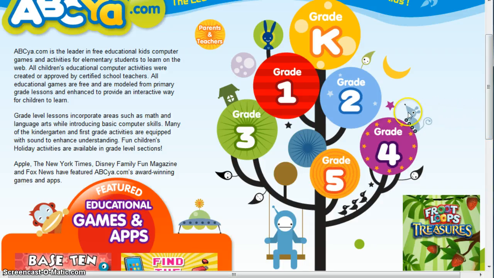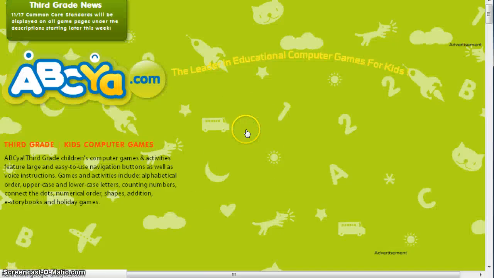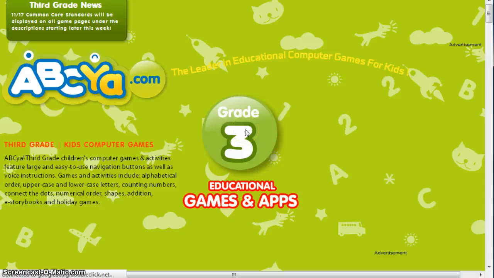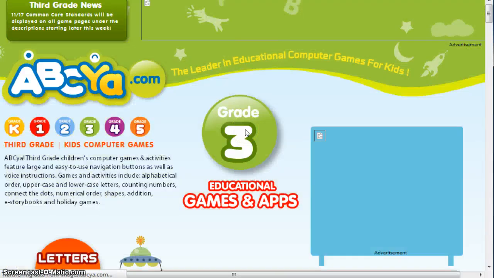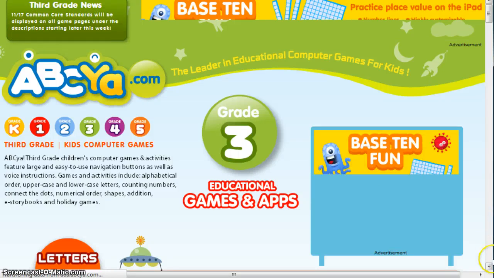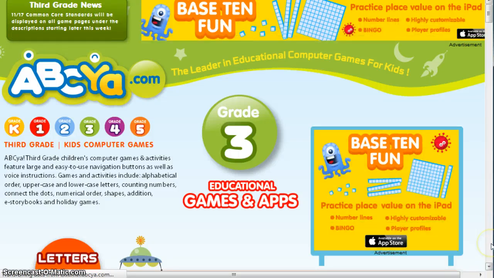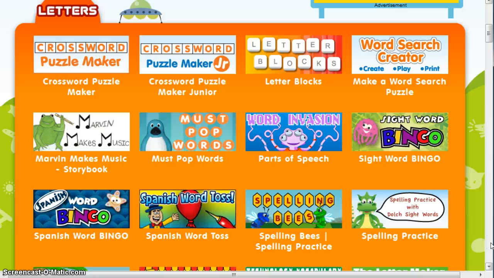I'll just quickly go into grade 3 to show you. Okay, so here in grade 3, I'll scroll down and we can see they start with the category they call letters, which you may refer to in your school as English or language arts.